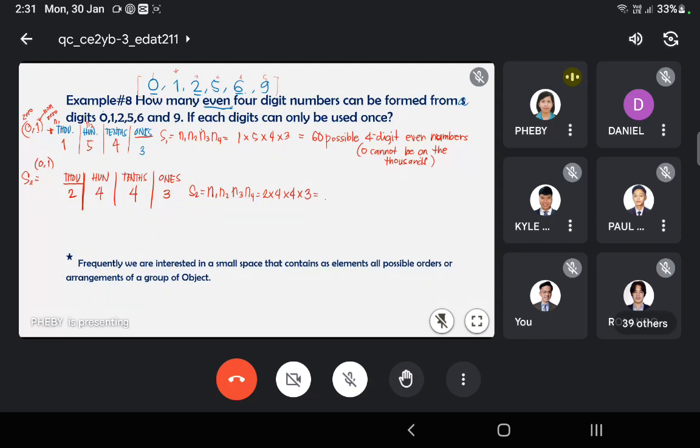Or 96 possible 4-digit even numbers. 0 can be placed on the thousands.